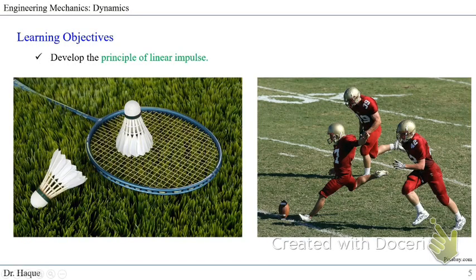Again, some examples: same thing for the cork and racket, or ball and bat. You hit the cork with the bat and it gets a different momentum. Here you have the ball at rest, so the initial mv1 would be 0 in this case, and the football player applies some force to the ball, and it will gain a momentum of v2.